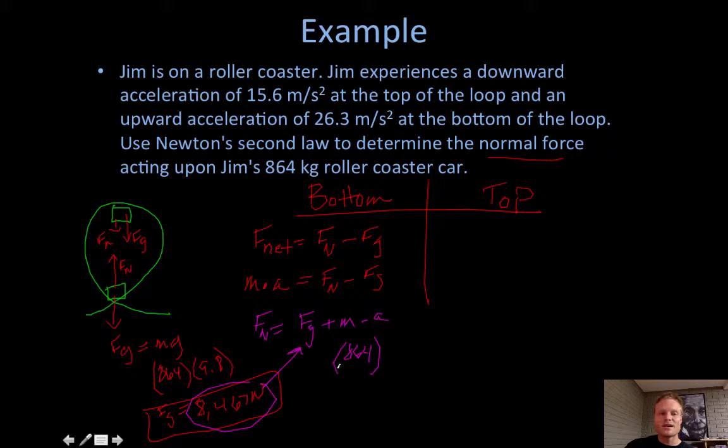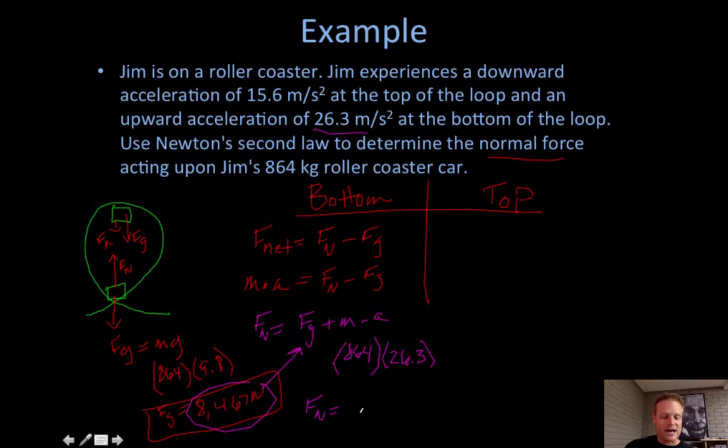How nice of them. The upward acceleration at the bottom of the loop is 26.3 meters per second squared. So basically, I'm going to take 8,467 plus 864 times 26.3. And whatever that equals, that is my normal force at the bottom of the loop.